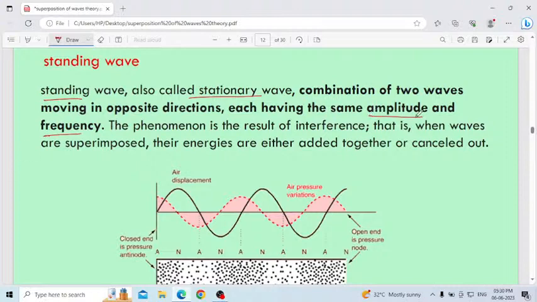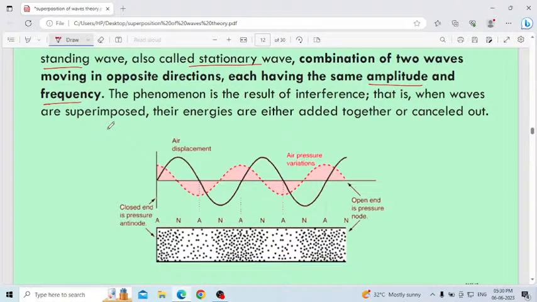Already I explained what is meant by a stationary wave. Don't get confused between both. When two waves move in opposite directions with the same amplitude and frequency, you will get a stationary wave or standing wave.